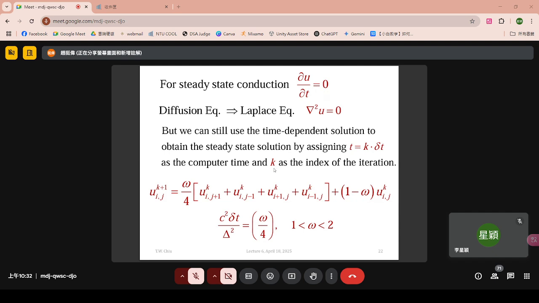In general, I can have omega not equal to 1, and then you can tune omega so that it could reach thermal equilibrium faster.